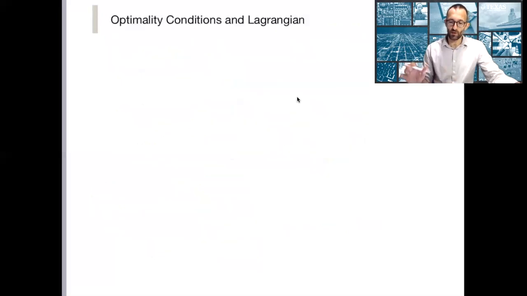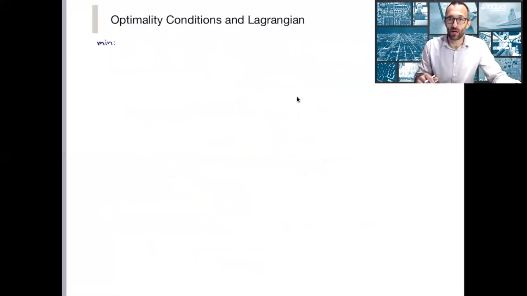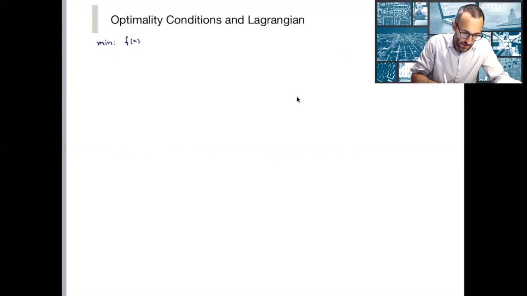So let's start with the very first thought, which is what optimality conditions look like in the primal and in the dual. And this is going to also bring back this concept of the Lagrangian. So our original problem is minimize f of x plus g of Ax.